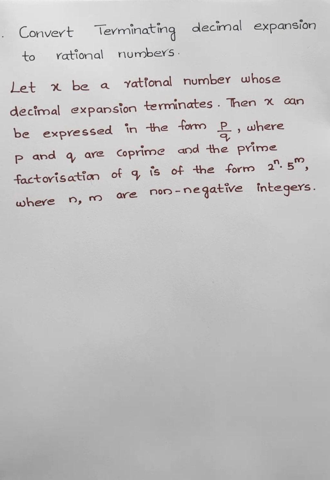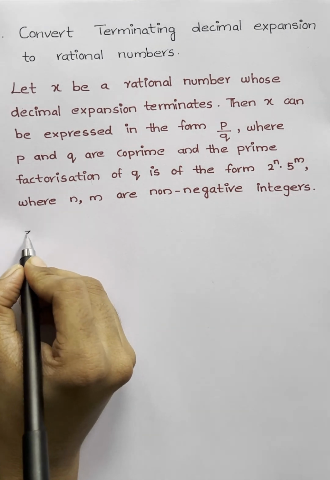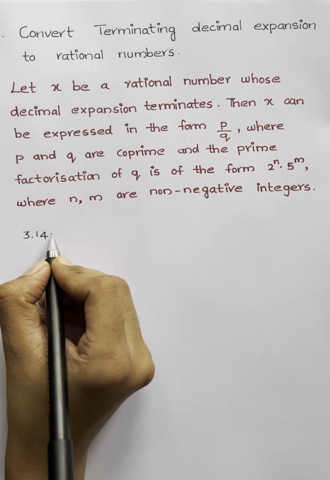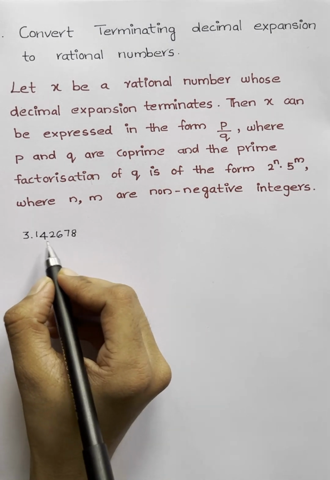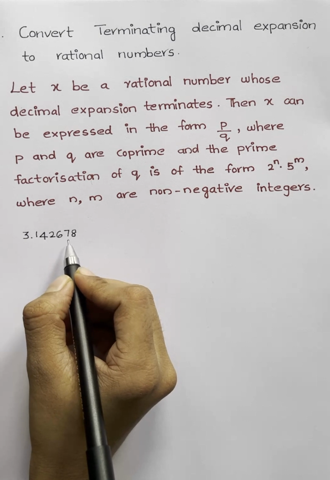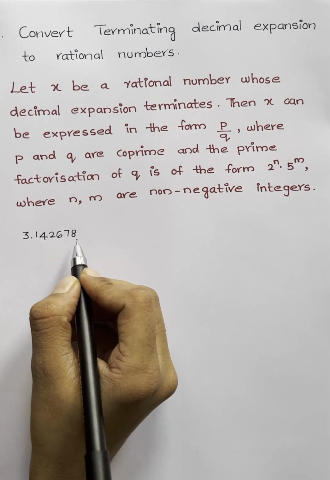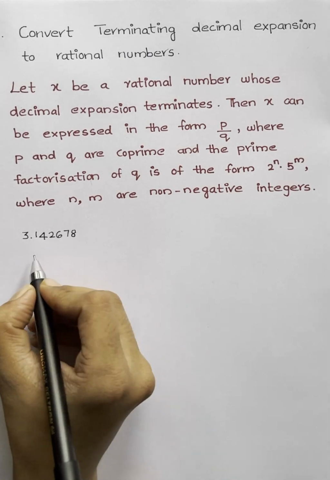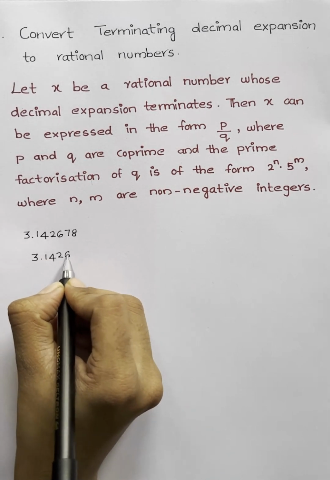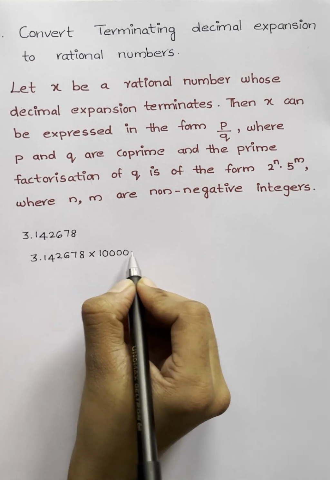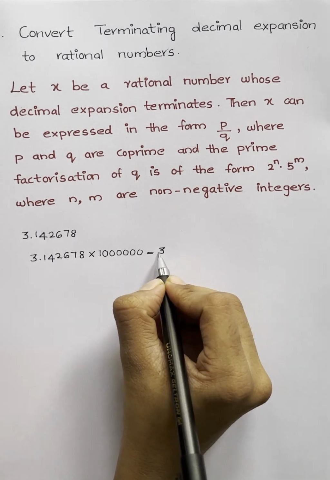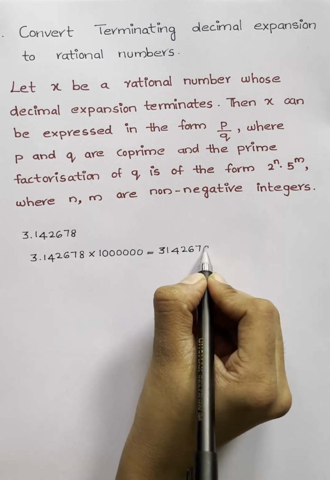Now, we have to study how to convert terminating decimal expansion to rational numbers. First example is 3.142678. Here, after the decimal point, there are 6 digits. So, we multiply 3.142678 with 1 lakh. That is 3.142678 into 1 followed by 6 zeros, equal to 3142678.